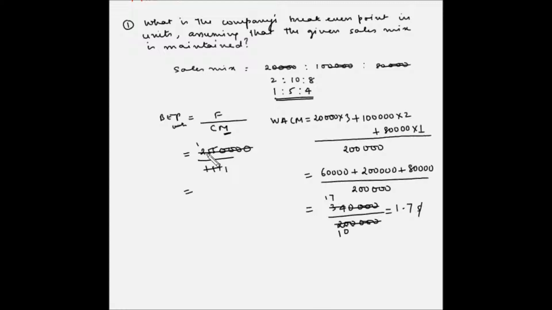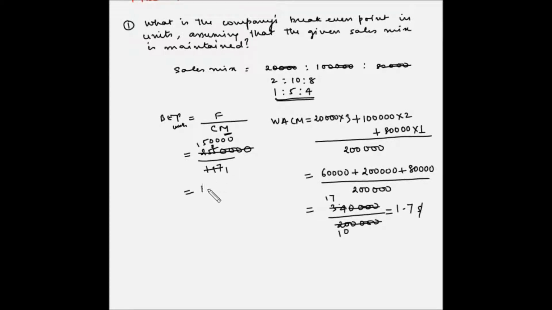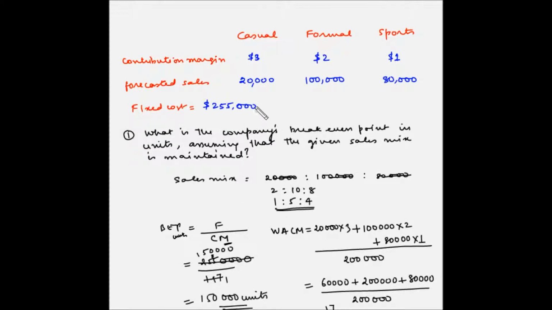So 25 minus 17 is 8. So 8 carry over. So 85 divided by 17 is 5. And then these 4 zeros. So the break-even point in terms of units is 150,000 units.